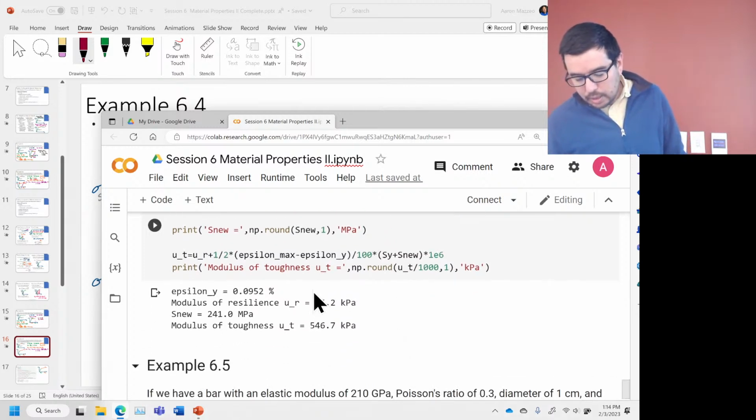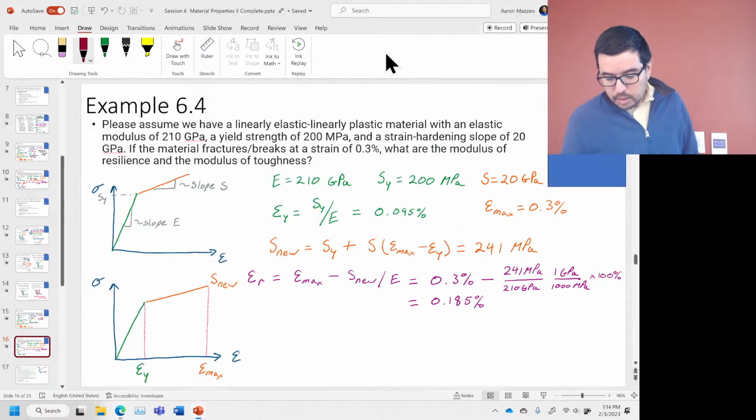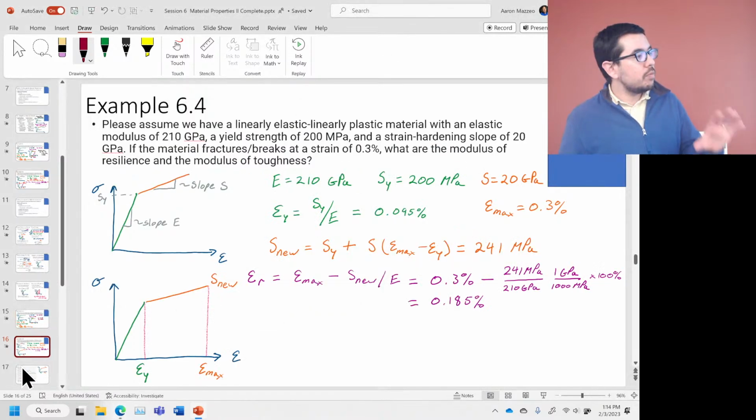And yeah, there's a slight increase. So we went from 505 to 547 kilopascals. Great, straightforward. So often a tough material is also a ductile one, but it doesn't have to be.